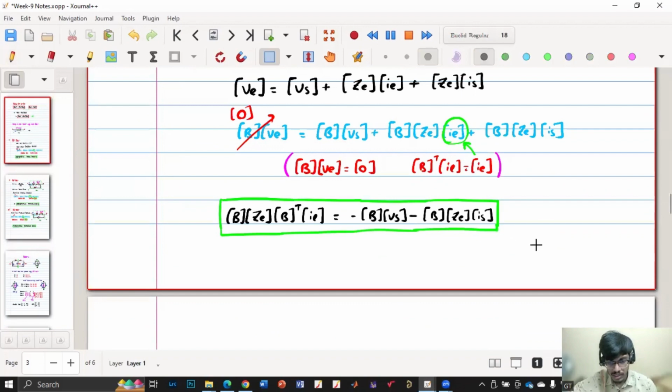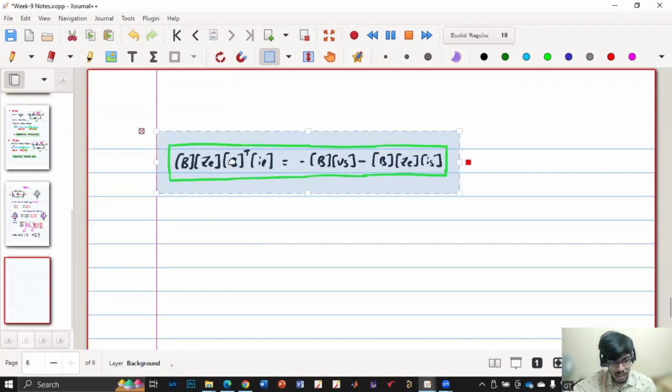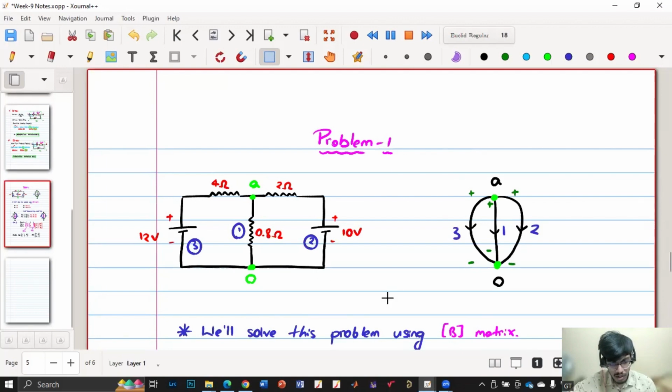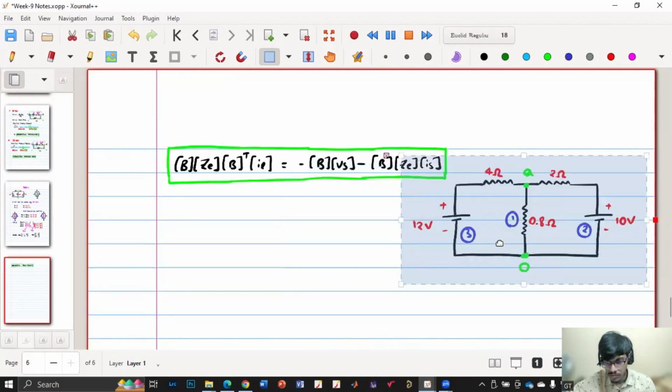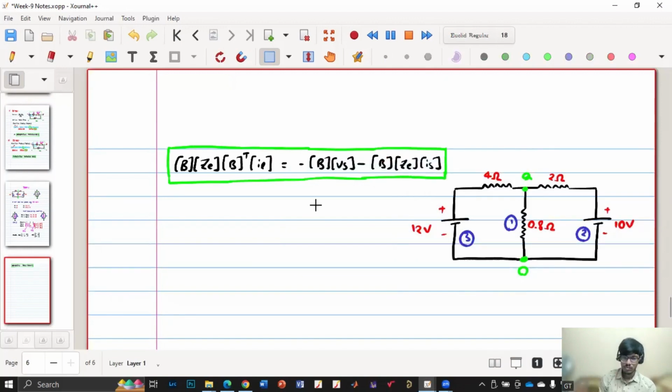In this equation, first we will see what are the knowns and what are the unknowns. So this is our result that we have obtained previously, and this is our question. You tell me, first of all, what will be the IS matrix?